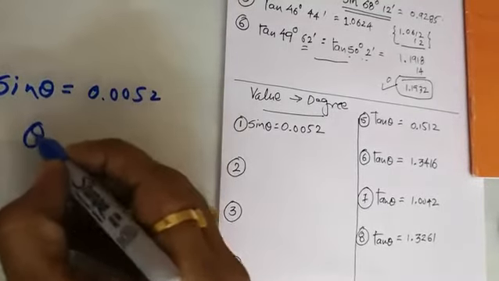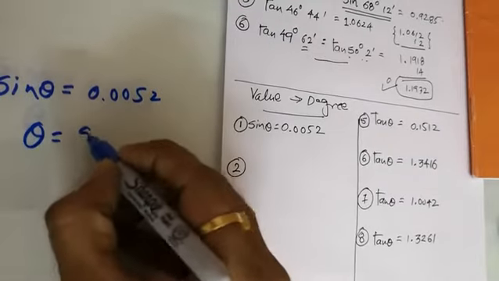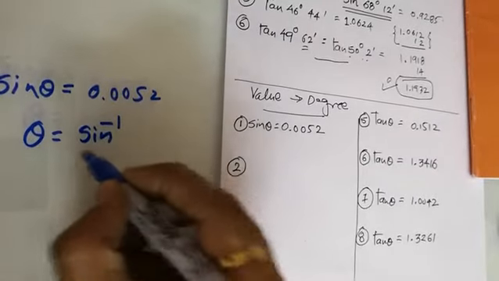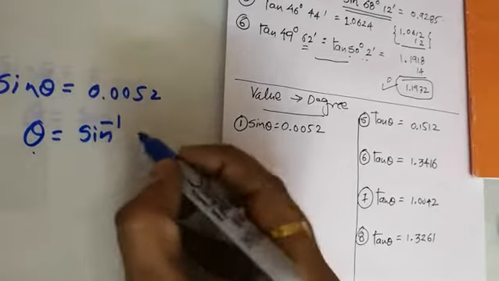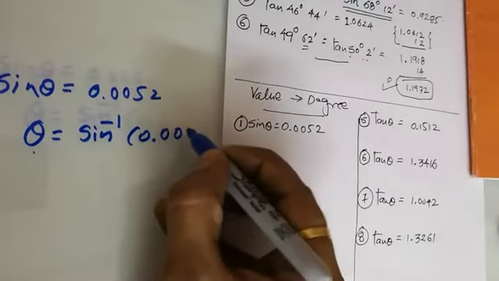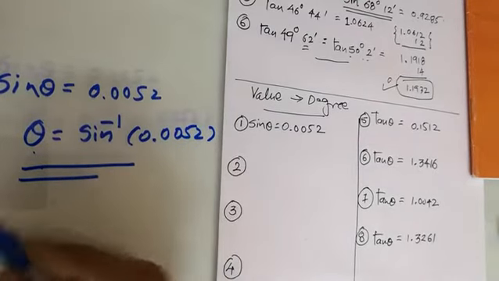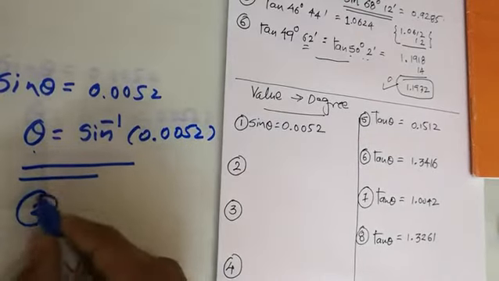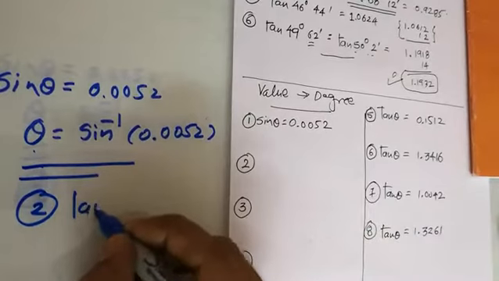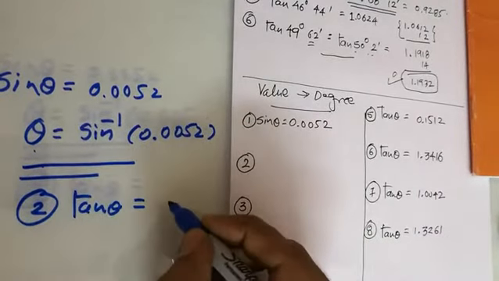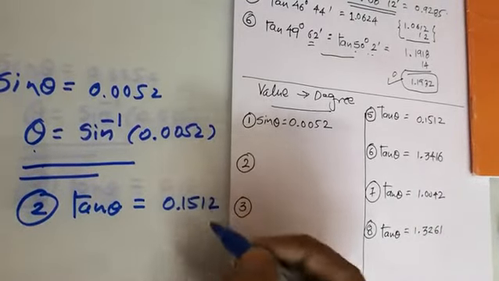In some of the exams they directly mention that, without the help of a log table, you can write theta equals sine inverse 0.0052. So this is also an allowed method. Let's say I mention another one: tan theta equals 0.1512.